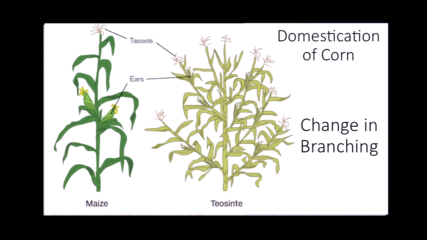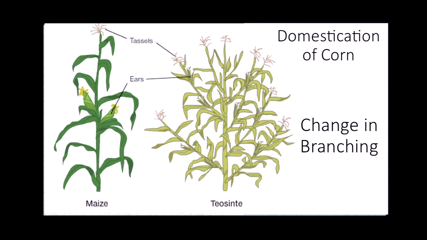So here are some of the changes that have occurred. We've gone from on the left-hand side, teosinte, which has lots of tillers and sprouts, and we've changed this to have a single main stem, all right? For rice, we haven't done that. So rice is also a grass, but rice still tillers, and we get seeds from lots of different stems.